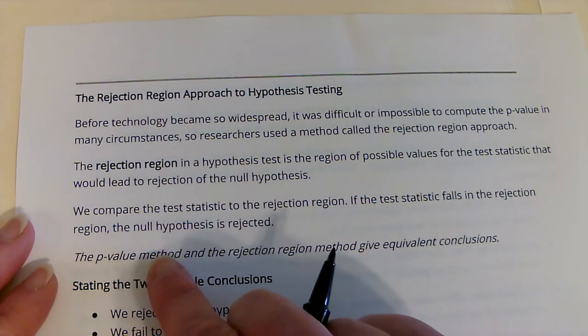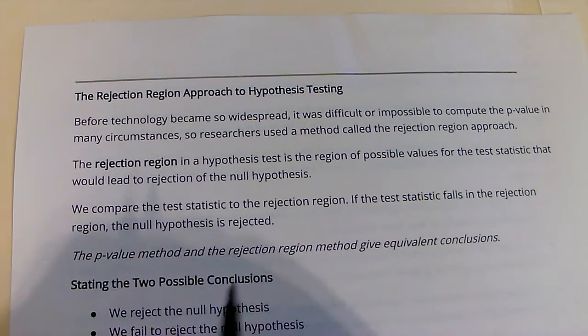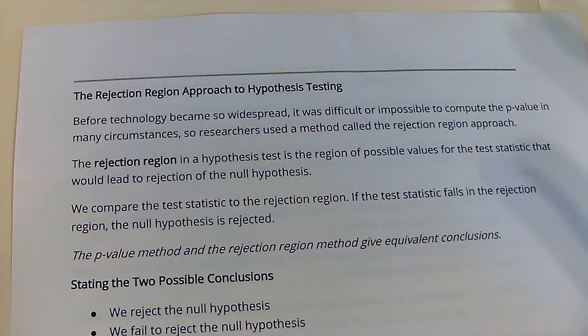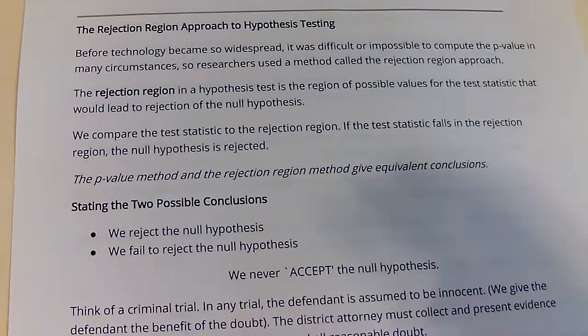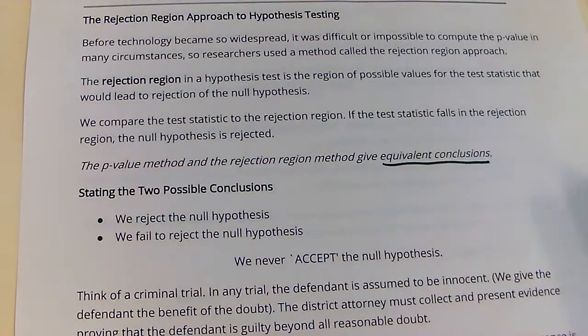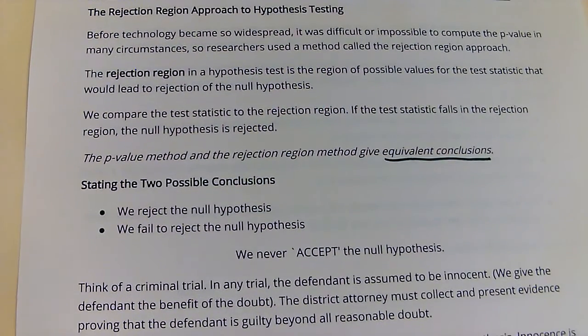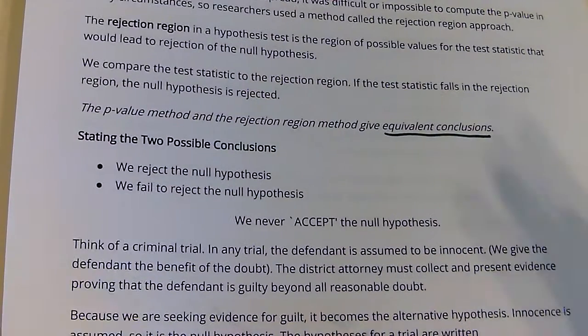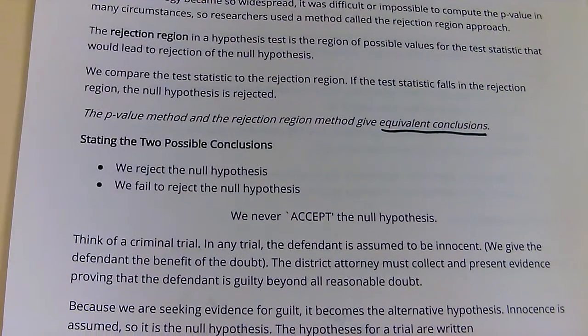Using that rejection region, or using the p-value and comparing it to our alpha, both will give you the same results. You'll have equivalent conclusions whichever way. So when we learn the two methods, you'll be able to choose which method works best for you depending on what calculator you use and that type of thing.